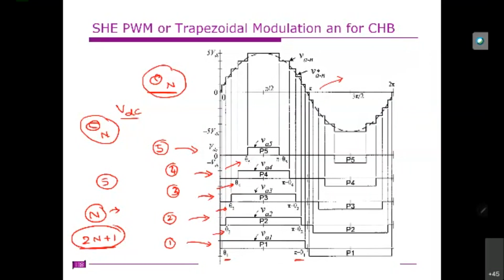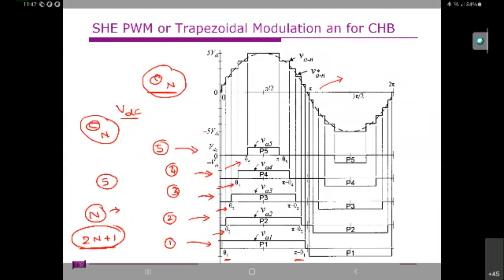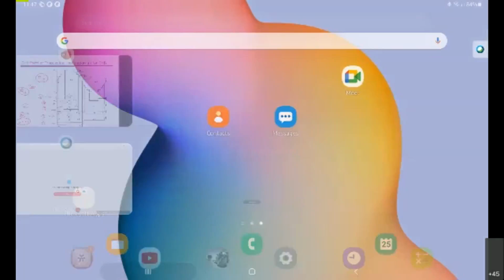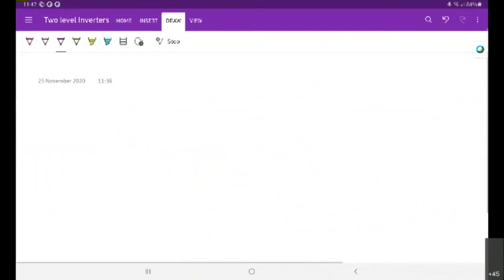This staircase waveform you can write in terms of Fourier series. The Fourier series is something like this.